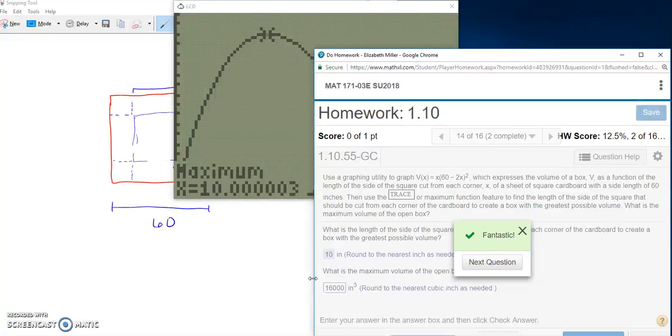So go to the table to get an idea of how big it needs to be, and then just pick window ranges that will show you enough information. Like what I did, I ended up needing to go back into the window to add a little bit more to my x-axis. You can go back and forth and adjust it until you get a picture that you like.